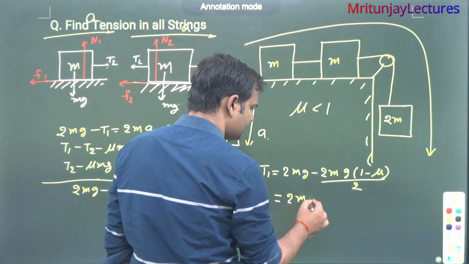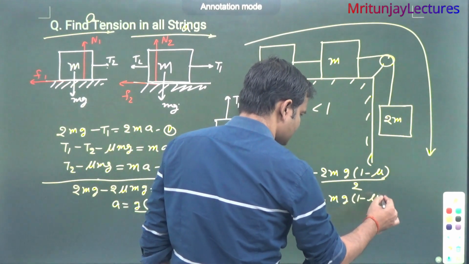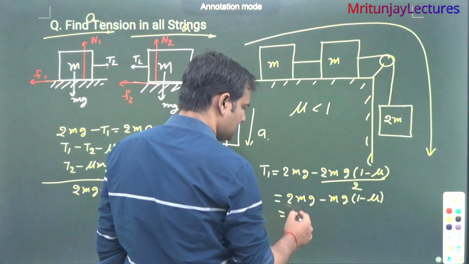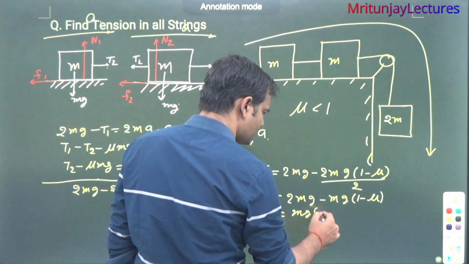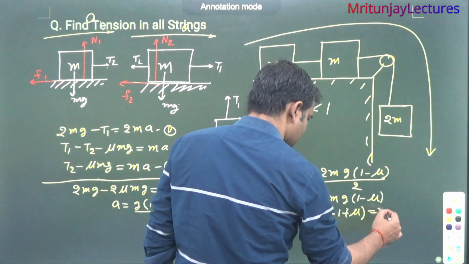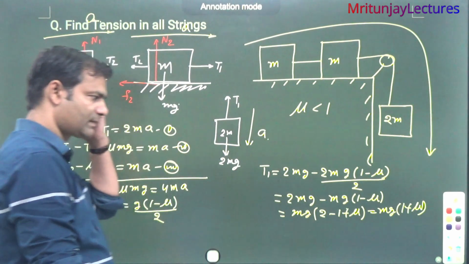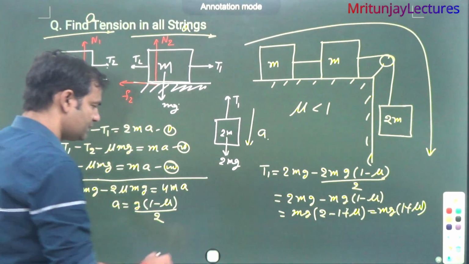So 2mg minus mg (1 minus mu). If mg is common, then we get 2 minus 1 plus mu. So T1 is mg into (1 plus mu).